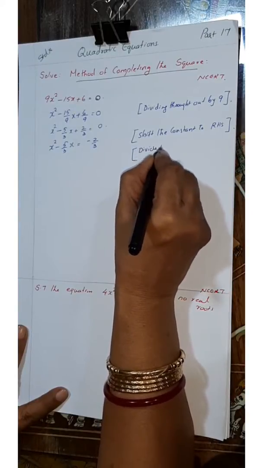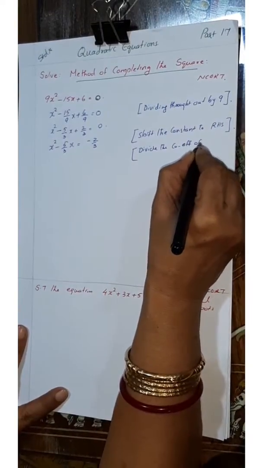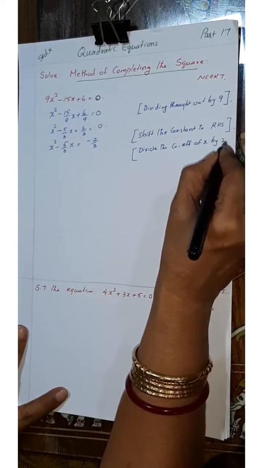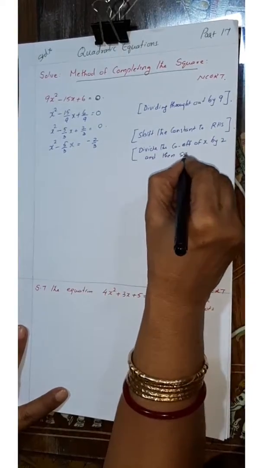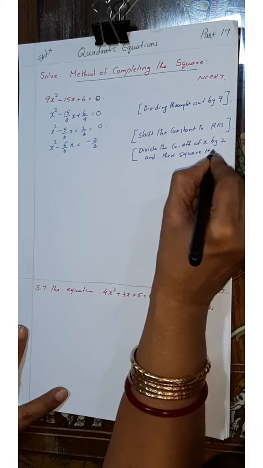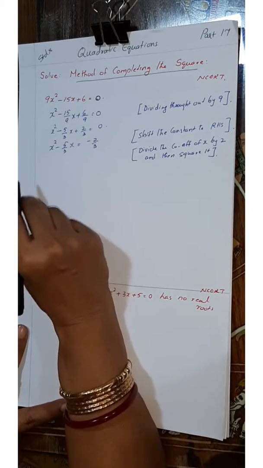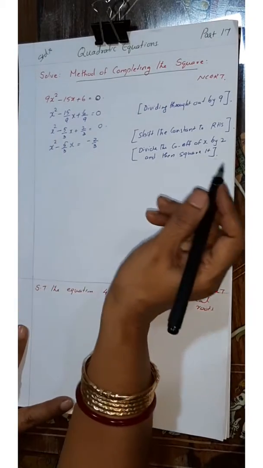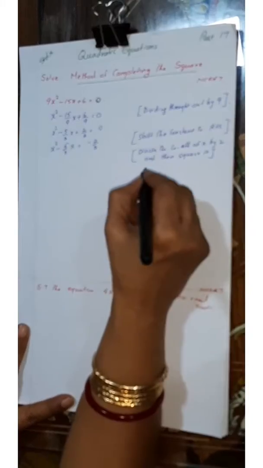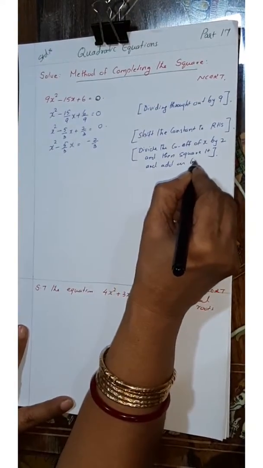Divide the coefficient of x by 2 and then square it. So 5 by 6 squared will be 25 by 36. So you add it on both sides.